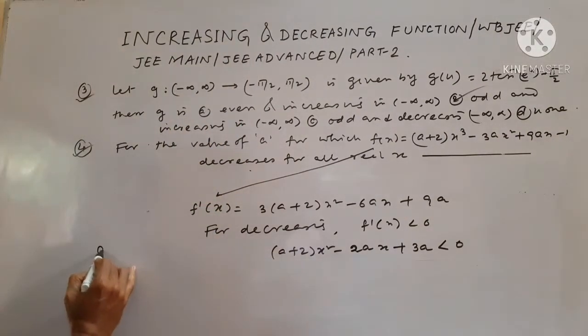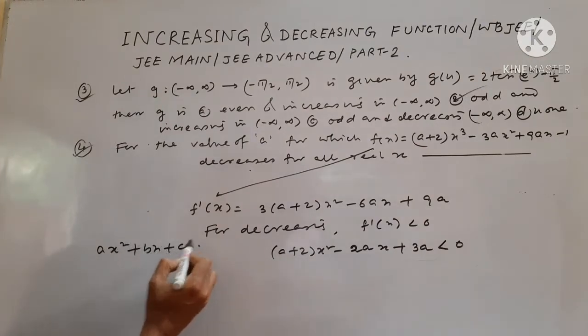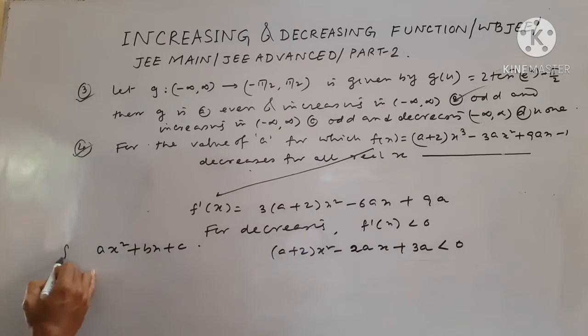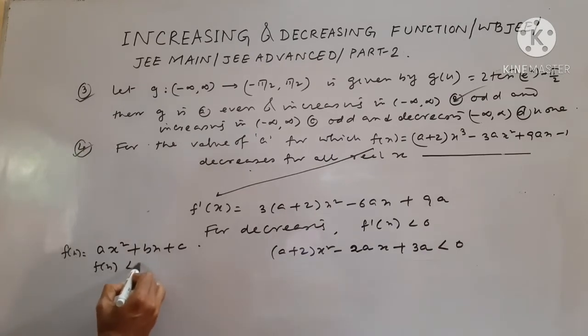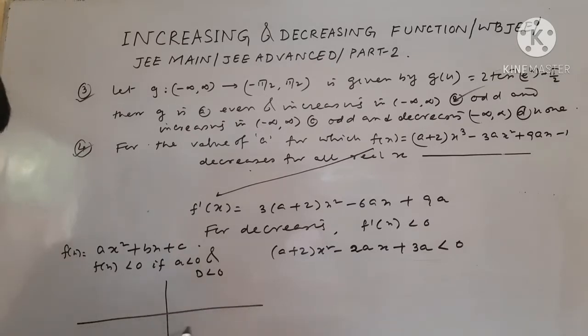So look at the theory. For ax square plus bx plus c, this f(x), we know f(x) is less than 0 if a is less than 0 and D is less than 0. So f(x) less than 0 is of this type.